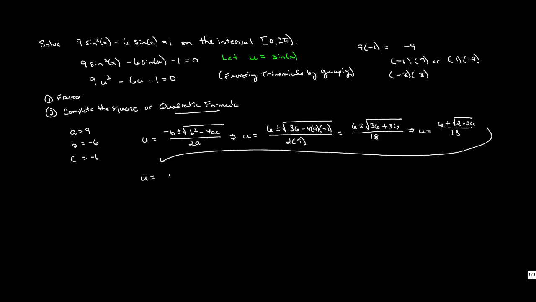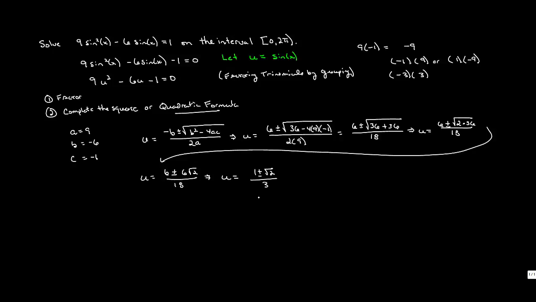So that implies that u is equal to 6 plus or minus, I forgot my minus here, huh? Plus or minus 6 square root of 2 over 18. And that implies that u is equal to, let's see here, we can divide everything here by 6. So I get 1 plus or minus the square root of 2 over 3.